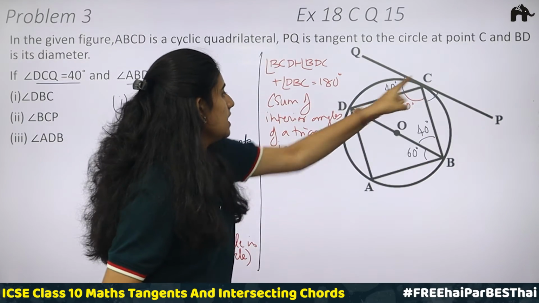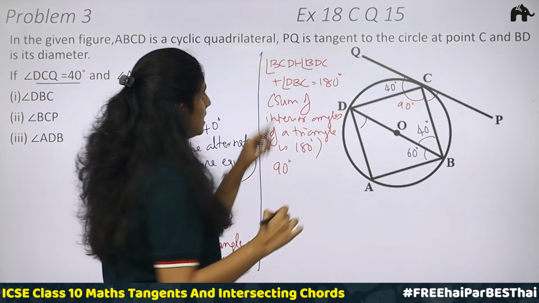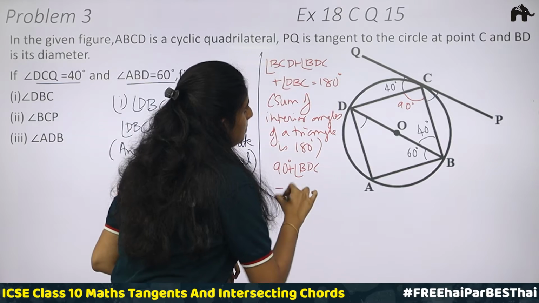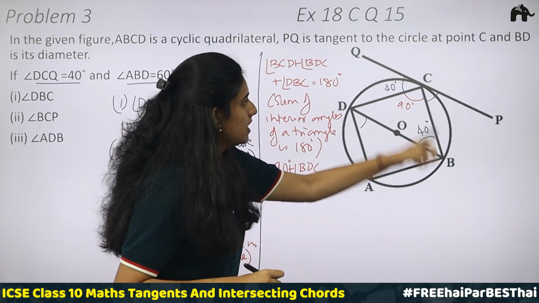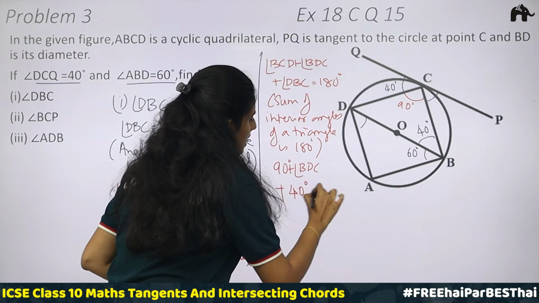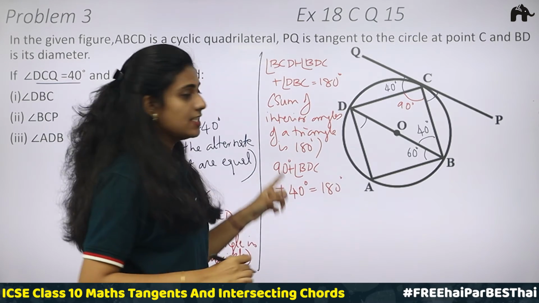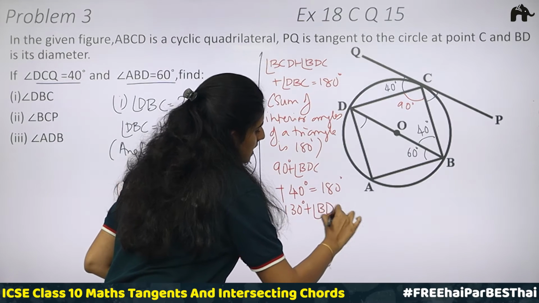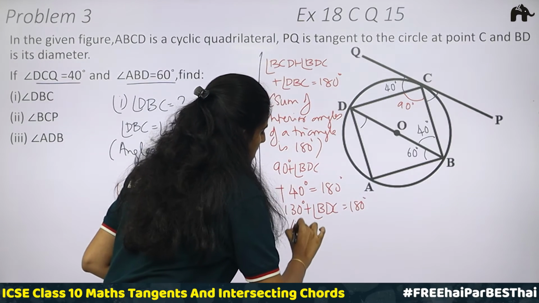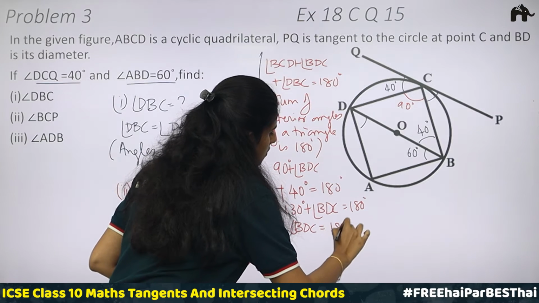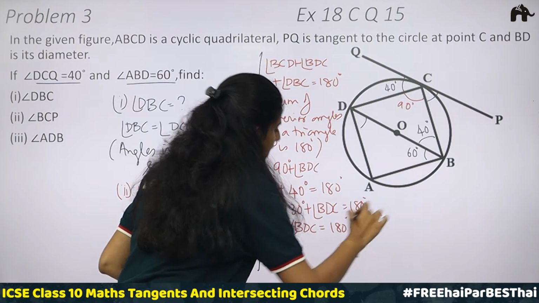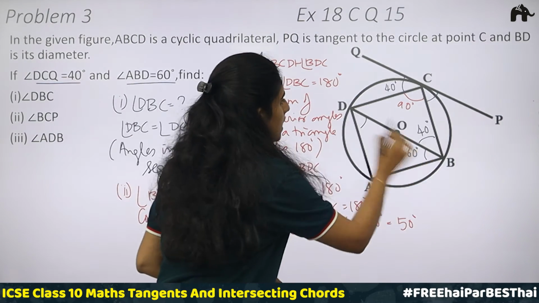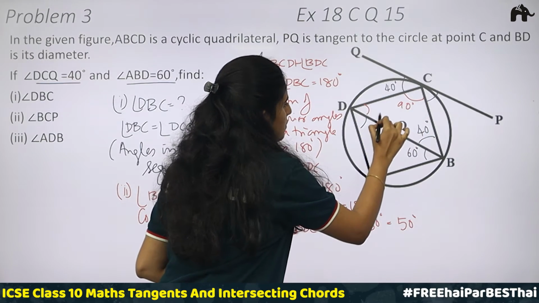BCD is 90 degrees, plus BDC we have to find, plus DBC we have determined, which is 40 degrees. Total will be 180 degrees. 90 plus 40, 130 degrees, plus BDC is equal to 180 degrees, which means BDC will be equal to 180 degrees minus 130 degrees, which is 50 degrees. Okay, BDC we have determined, that is 50 degrees.